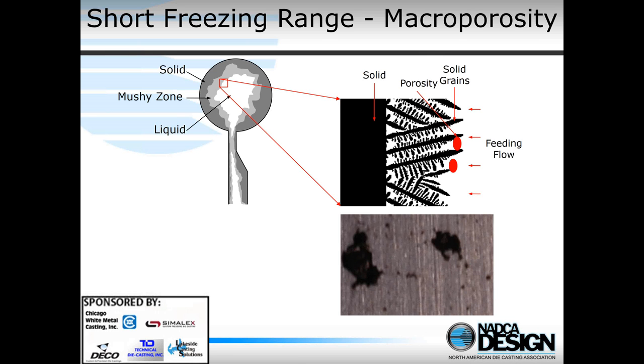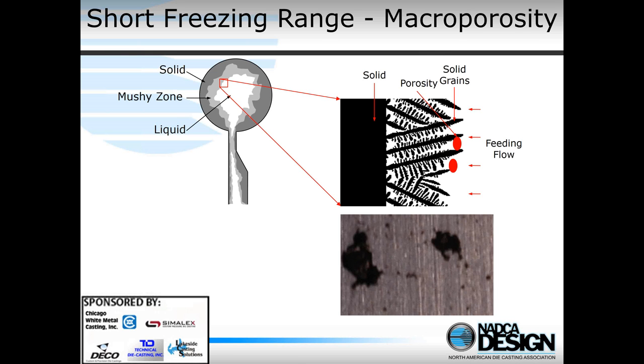If I've got a lot of silicon in the alloy, the aluminum 12% silicon that I just talked about, that's considered a short freezing range alloy. What that means is that the alloy freezes over a very narrow temperature range. And if I want to get technical metallurgically for a second, what I'm talking about is that the difference between the liquidus temperature and the solidus temperature for this alloy is very, very small.